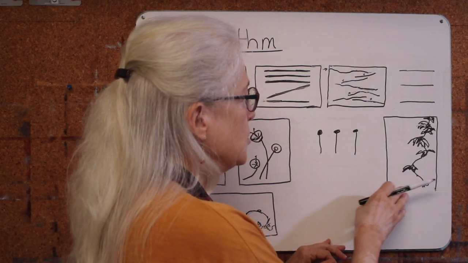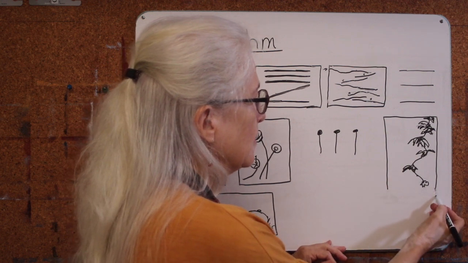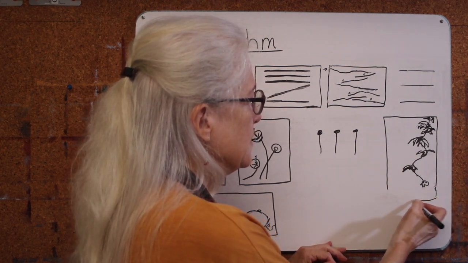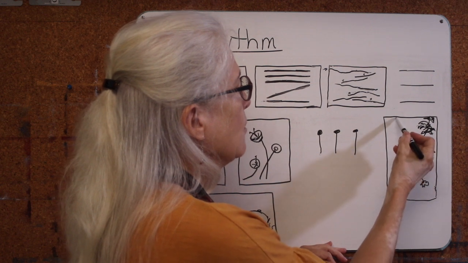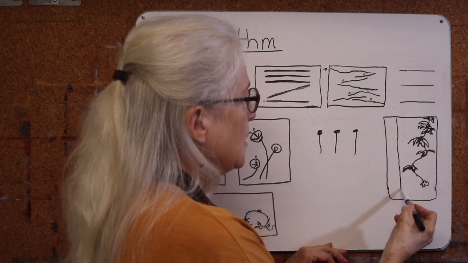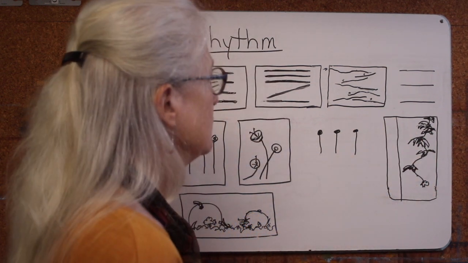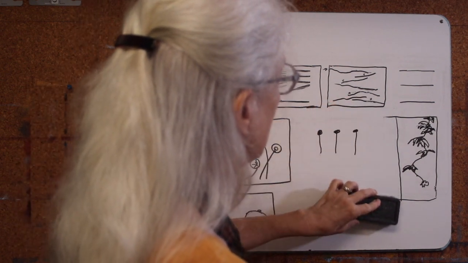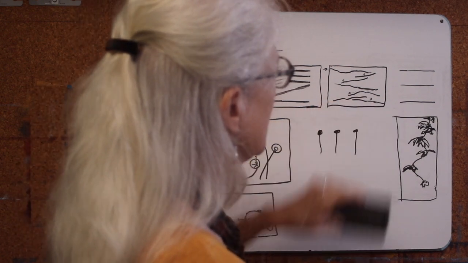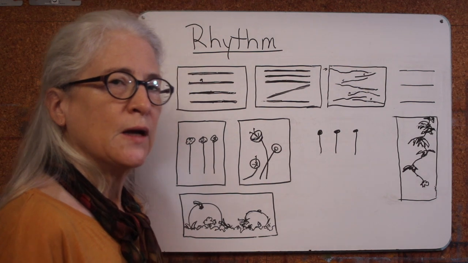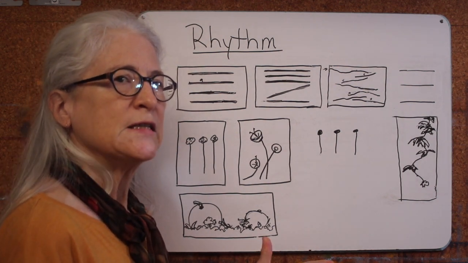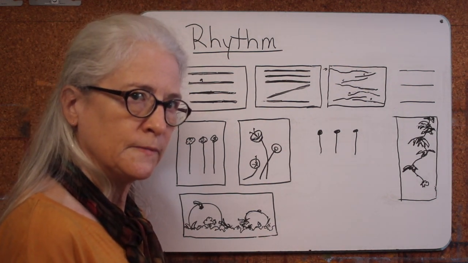And I also want to show you, I'm going to add some more airspace to this again. If I crop this even more tightly, do you see how that even becomes more dynamic, having that severe vertical?